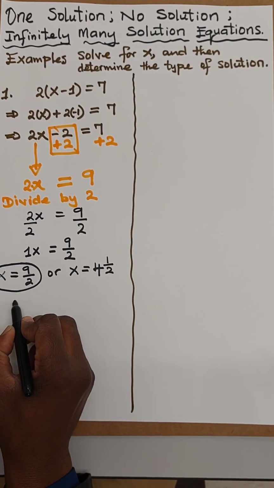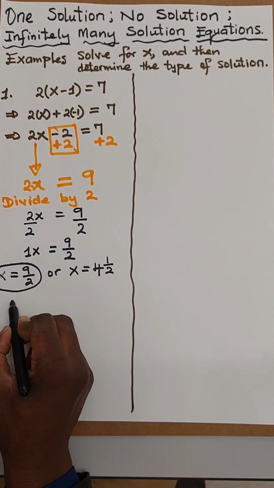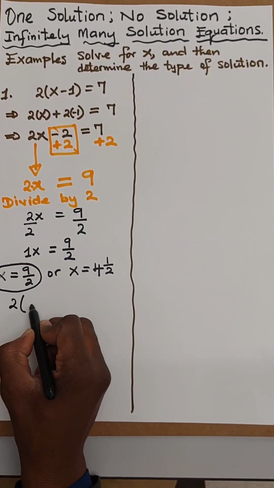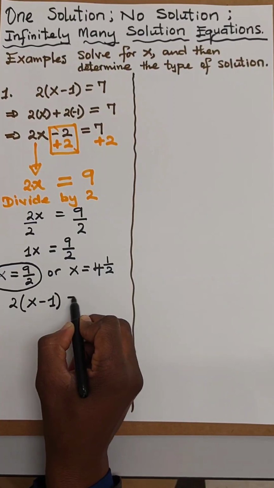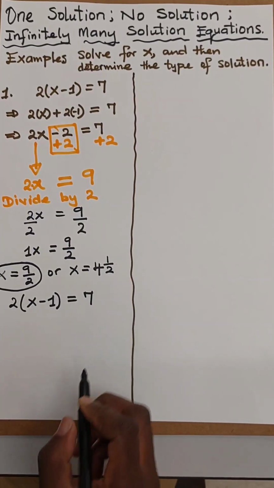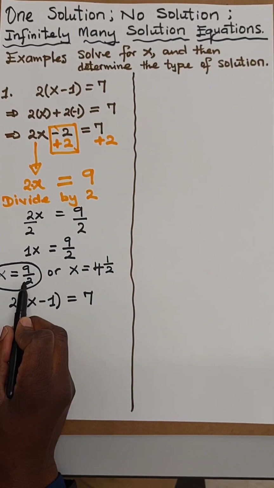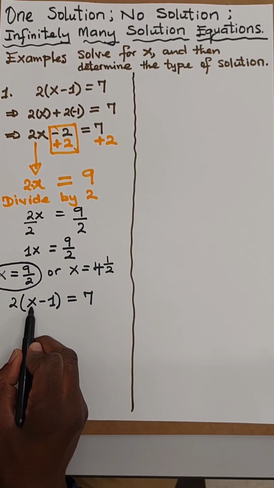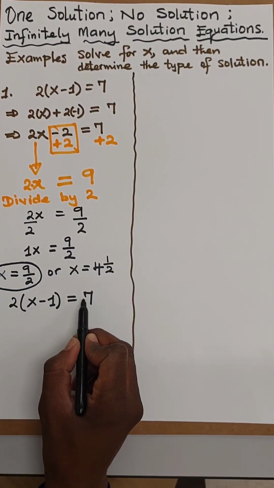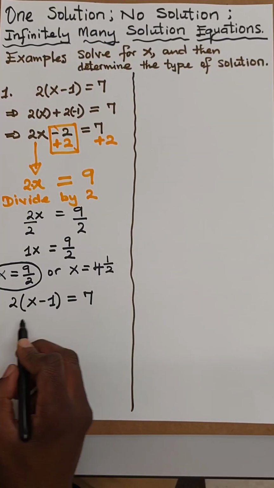The equation said 2 parentheses open x minus 1 equals 7. This value is telling you that this is the only number that, if you replace x with it, will make this side become 7. Let's find out.